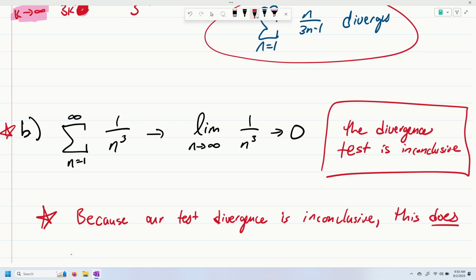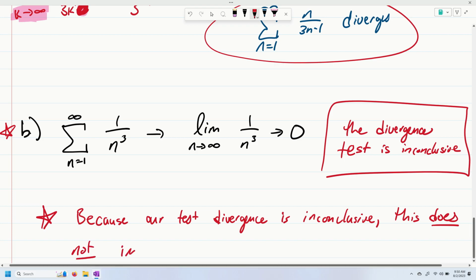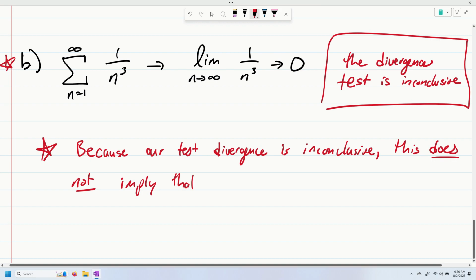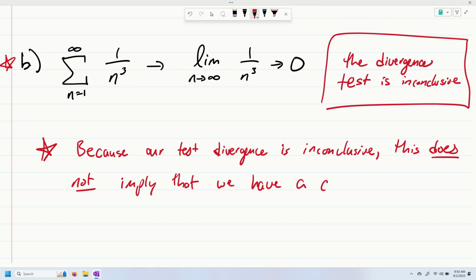This does not imply that we have a convergent series. All right? So let me repeat this.